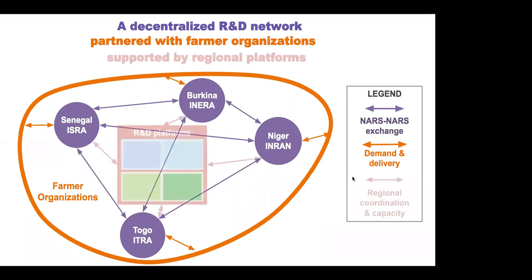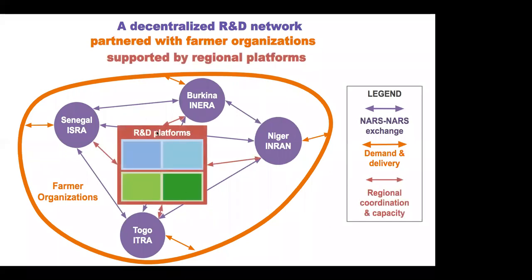So, partnered with farmer organizations, and last but not least, supported by these regional R&D platforms. This is where CRAS comes in as a regional hub for NARS collaboration. This is where ICRISAT comes in as a regional and global partner, and then KSU. But a lot of these R&D platforms, I would point out, are primarily West African R&D platforms, as you'll see, not driven by the international partners.